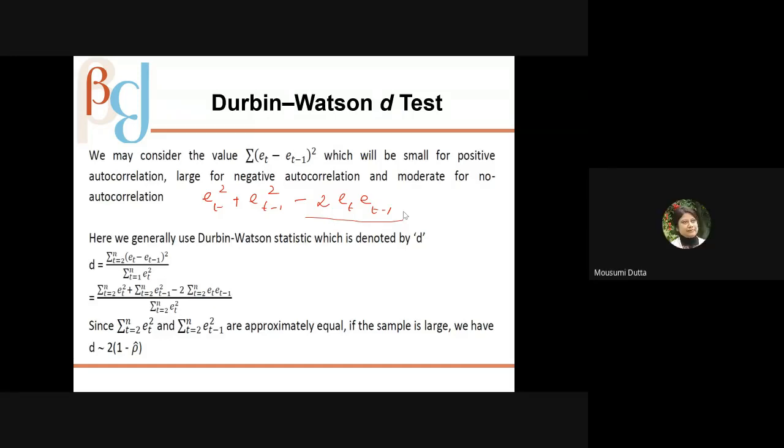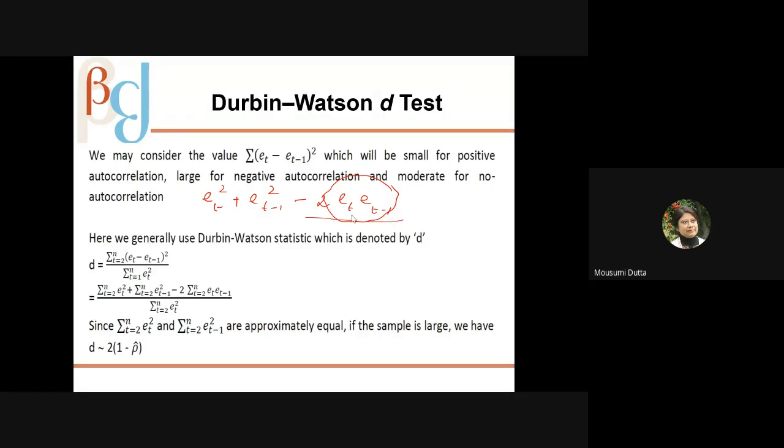When there is positive autocorrelation between et and et minus 1, this part is positive, so it will be subtracted. When this is negative, this entire thing is positive.